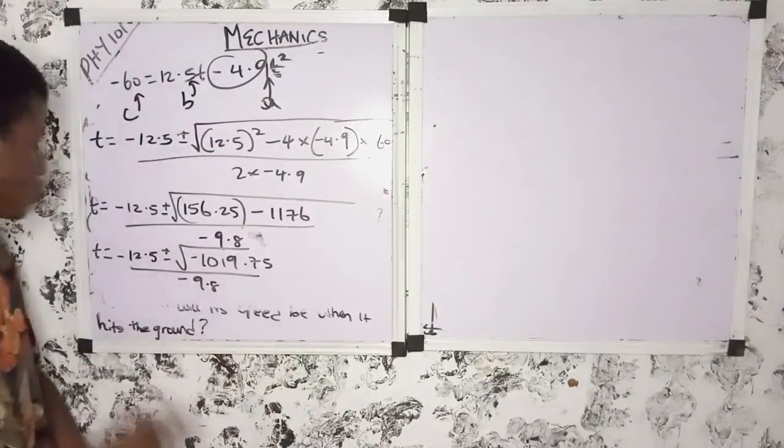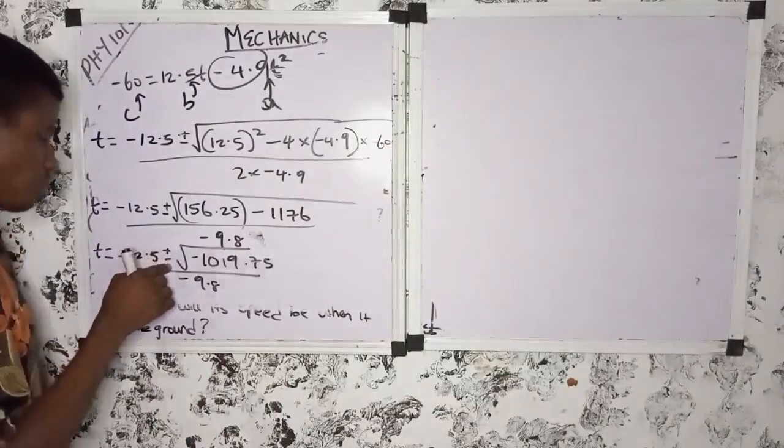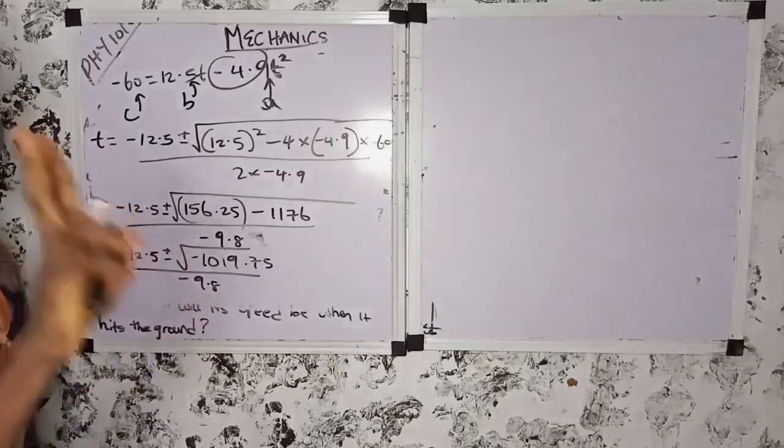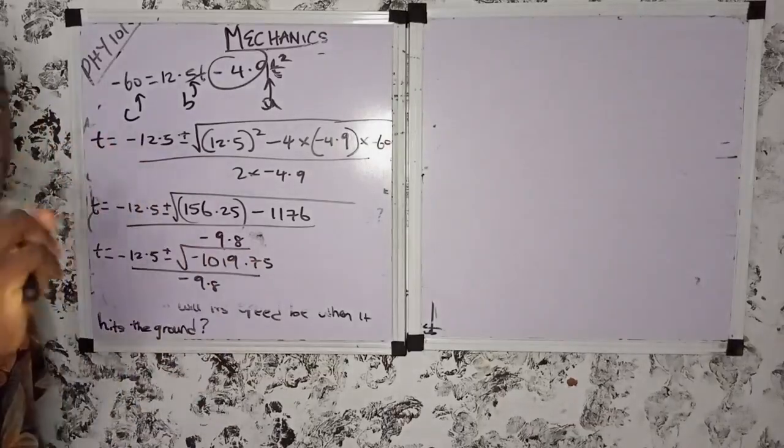Now, if you see this plus or minus, according to a quadratic equation, our answer will always be 2. We always arrive at 2 answers.